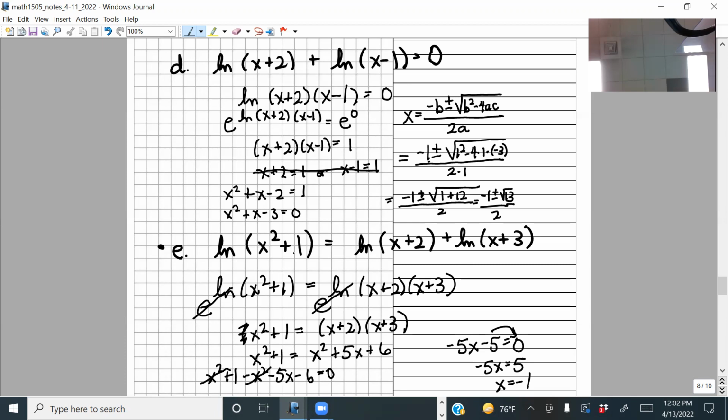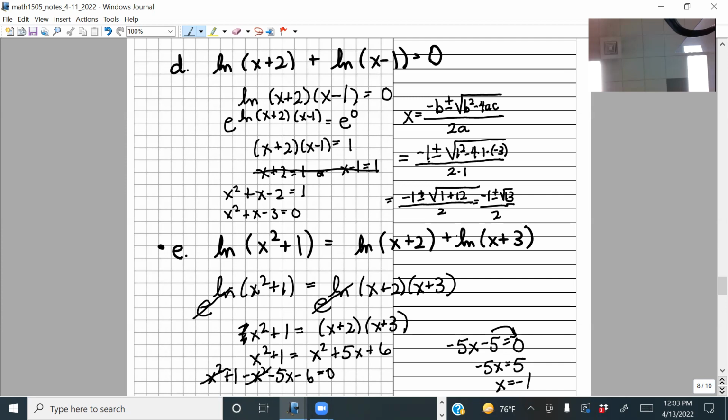Can't even compute natural log of 0. So if you ever try to compute natural log of a negative number with your calculator, it'll say error, right? Keep that in mind also, just when you're doing it on the page. Cannot compute natural log of 0 or natural log of a negative quantity either, okay?